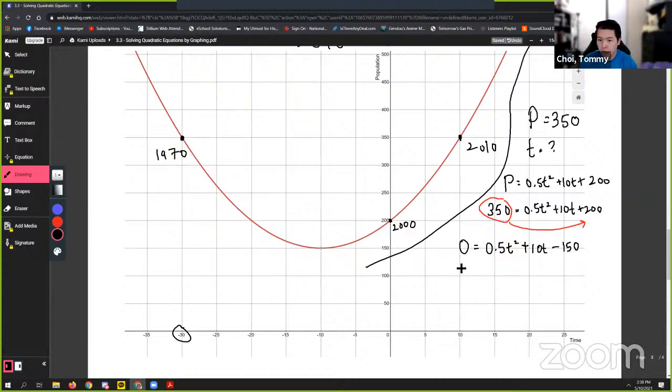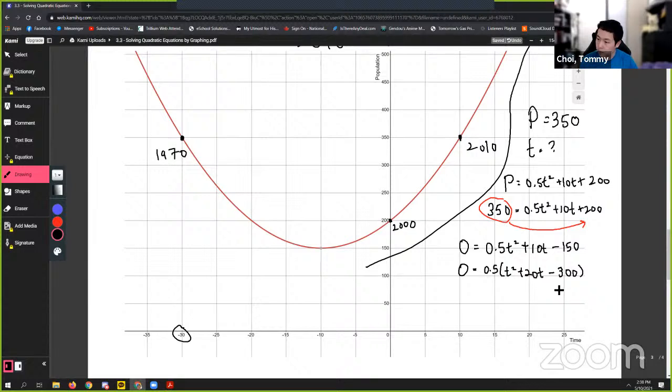And then we can now factor. So common factoring, we take out the 0.5, and we get t squared plus 10t becomes plus 20t, and negative 150 becomes negative 300. Dividing by 0.5 actually doubles everything in the bracket.